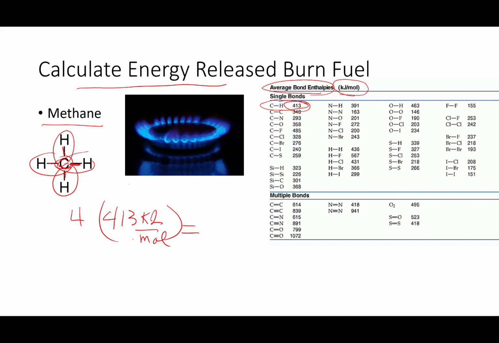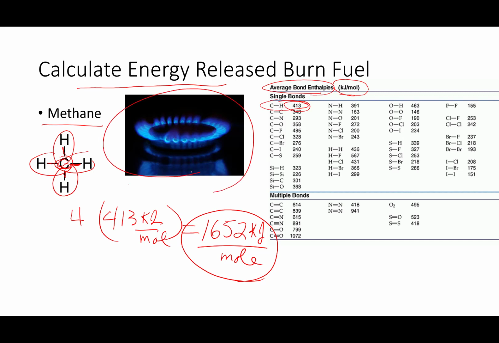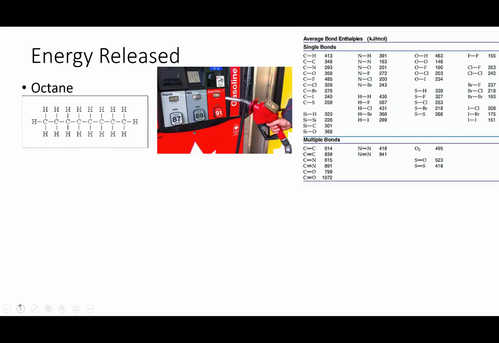So 4 of those is 1,652 kilojoules of energy per mole of methane that is released. Now, what does that mean? That number is an indicator of how much heat and light can be released by the combustion of methane. But you can use that same process for more complicated compounds.